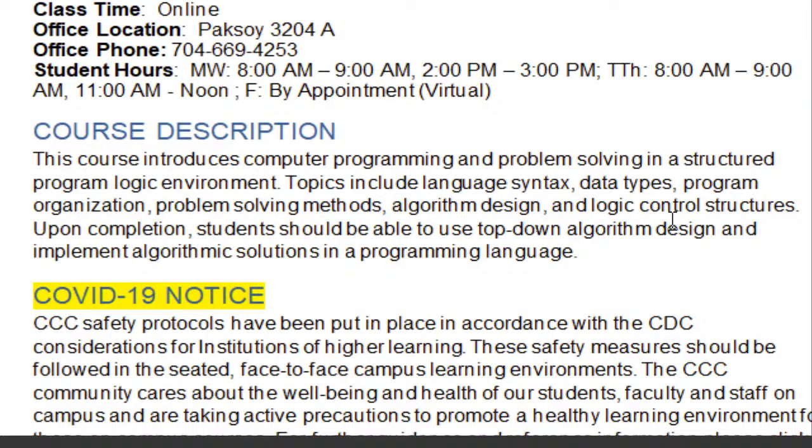And so when we're looking at algorithms, that's essentially what an algorithm is. And when we look at a big term like computer science, the definition of computer science is really the study of algorithms utilizing computers, right? The study of problem solving with computers. So that's all we're really doing here, which is pretty cool.